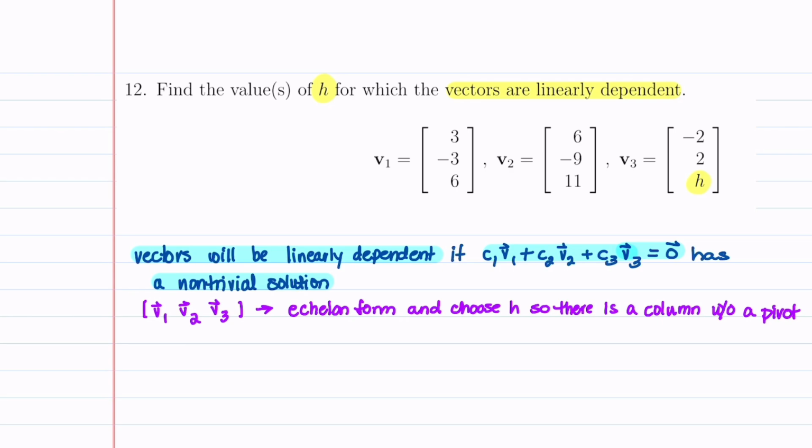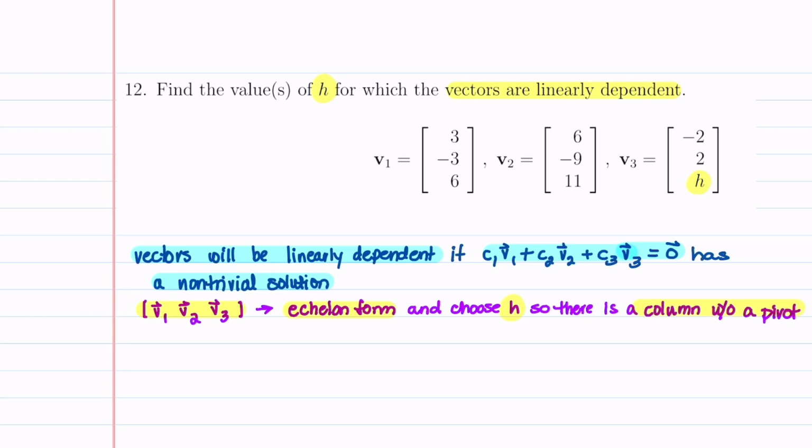We have to start with a matrix, and in that matrix, we're going to put vectors v1, v2, and v3. We're then going to put it in echelon form. The reason for this is that we want to see what type of solution we have. And we're going to choose h so that there is a column without a pivot.